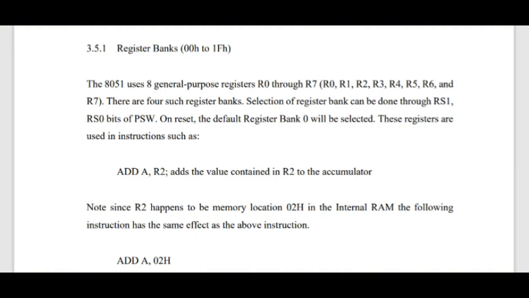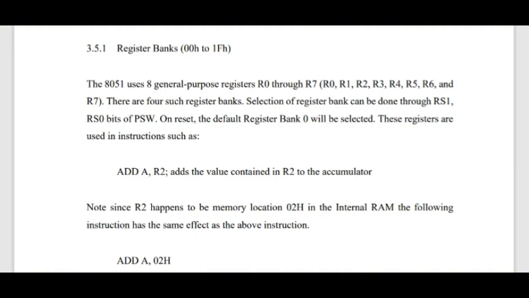So ADD A, R2. Note, since R2 happens to be memory location 02H in the internal memory, the following instruction has the same effect as the above instruction. So ADD A, 02H.